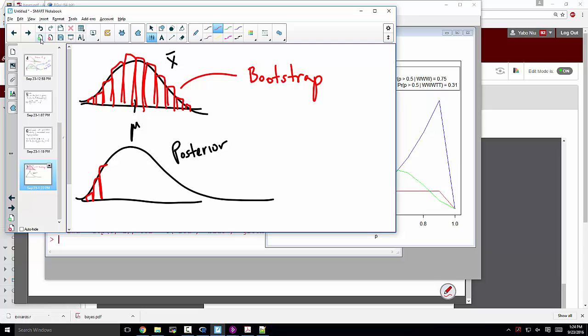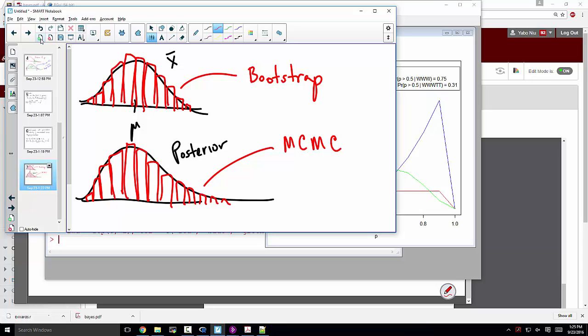There is a sophisticated way to sample from posterior distributions, and generally it's called MCMC, Markov chain Monte Carlo. This is analogous to the bootstrap in that we're just going to do some random number generation in such a way that it will give me samples from the posterior.